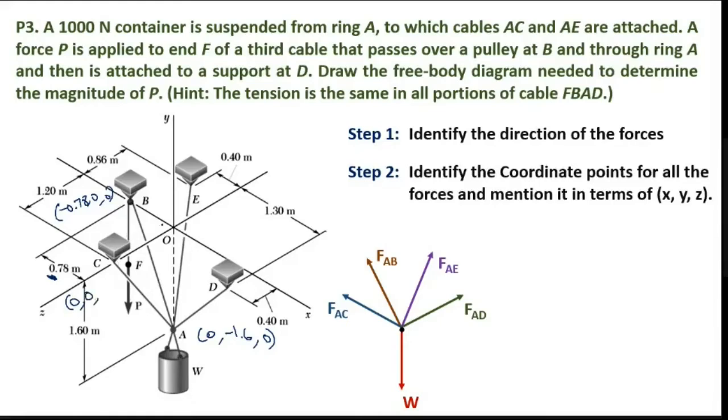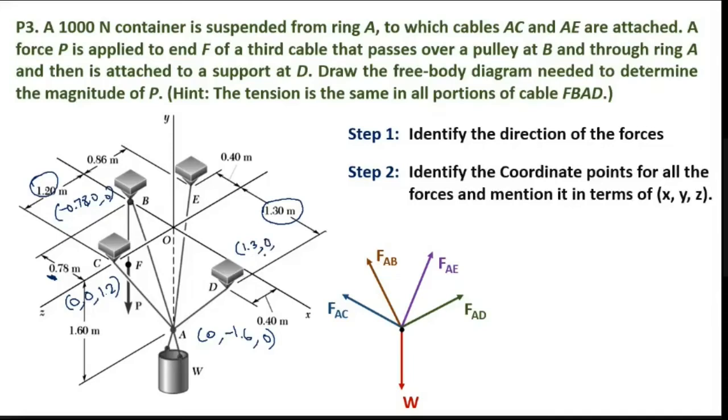Z alone has a distance, positive Z, which is 1.2. Now if I go for the D coordinate, you can see this dimension. X is 1.3.